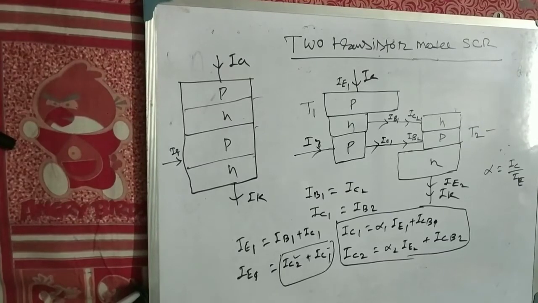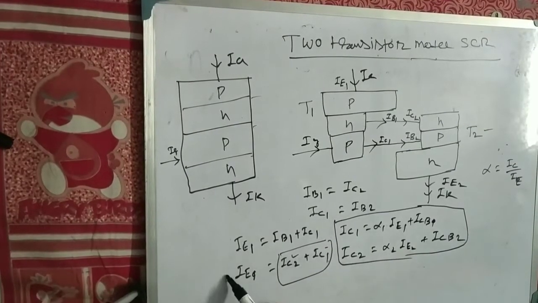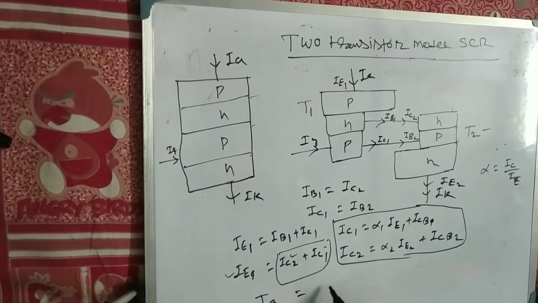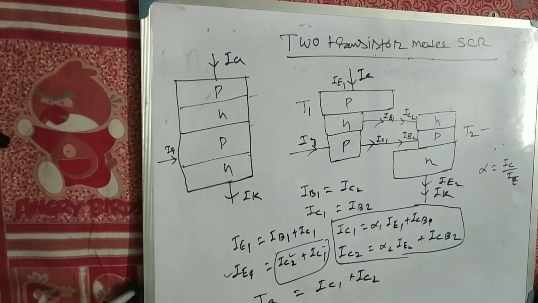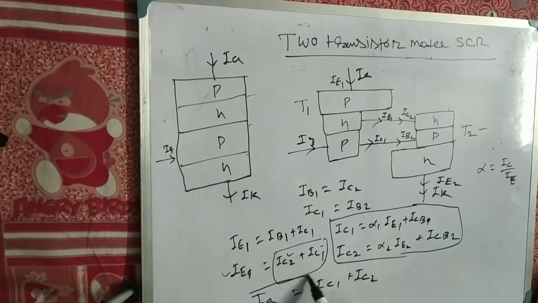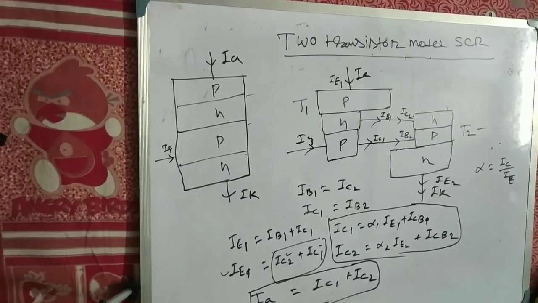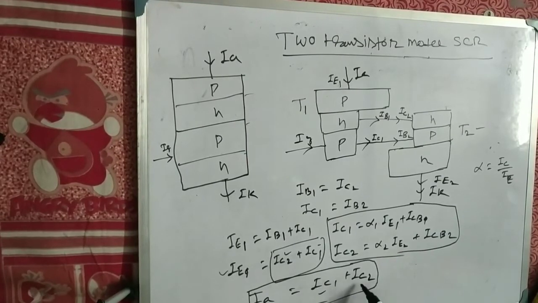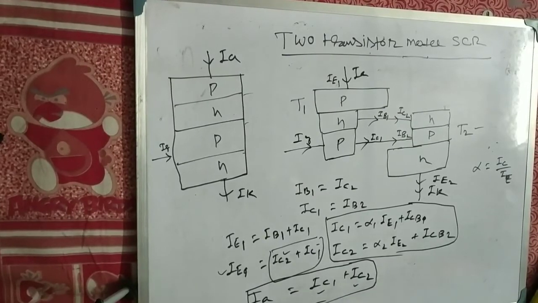Here we can also write that the emitter current of transistor 1 equals the anode current IA, which equals IC1 plus IC2.